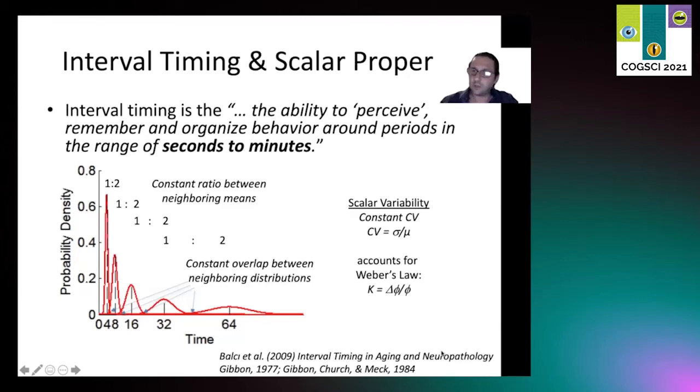If you look at the figure on the left, bottom left, I am illustrating this property here. As you can see, the spread of the distributions for longer target intervals become wider and wider. And this is actually one of the ways of accounting for Weber's law in the domain of interval timing.